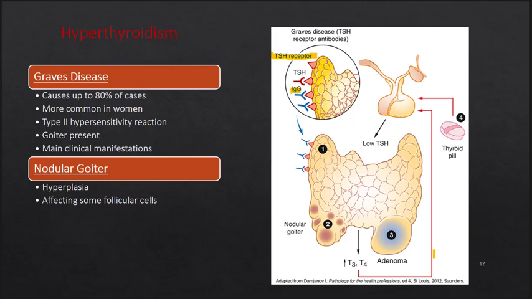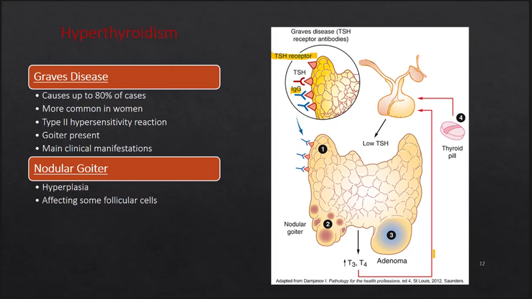Graves' disease is considered an autoimmune disease, with the body attacking itself, as I already explained. But to rephrase it a little bit, the initial changes seen in the gland are the infiltration of lymphocytes and the stimulation of the thyroid by autoantibodies directed against the thyroid stimulating hormone receptors.